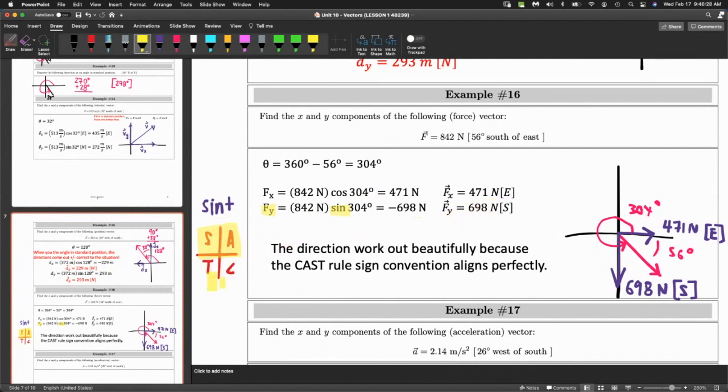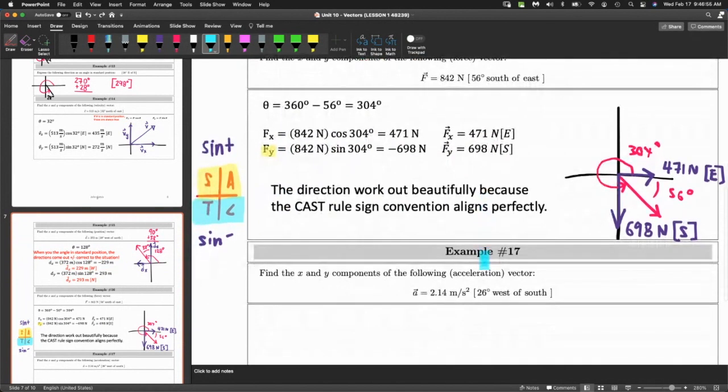And whenever sine is negative, you get south. You can apply the same logic to cosine. So sine is negative at the bottom here. And you can see that the CAST rule fits perfectly with up and down for sine, and it also fits perfectly for left and right with cosine. So that's why it is so nice.